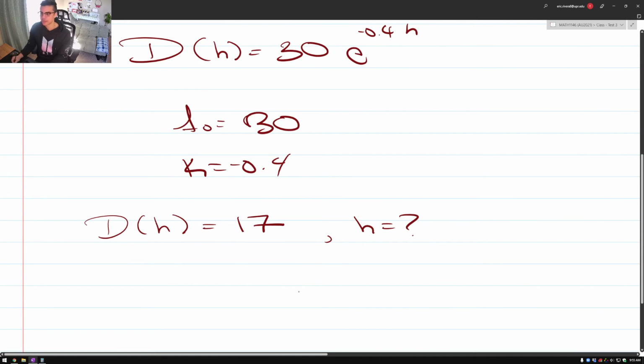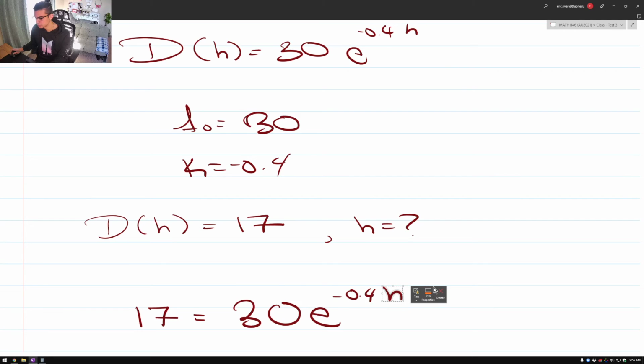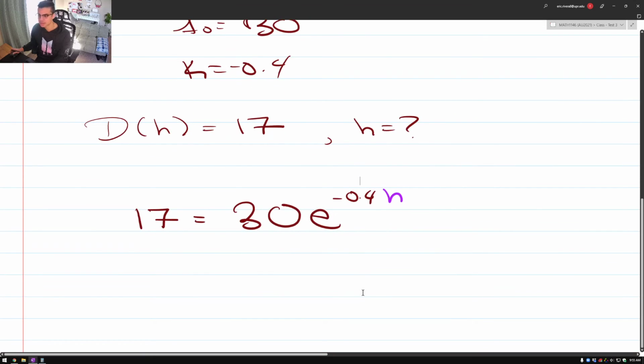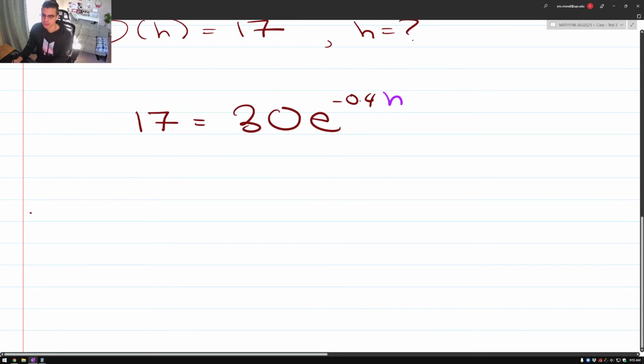From the information that we have, we can start working with this. So 17 is on the left side, and 30 e to the negative 0.4 times H on the right side. H is the unknown variable here. You want to solve this the same way we solved the previous one.